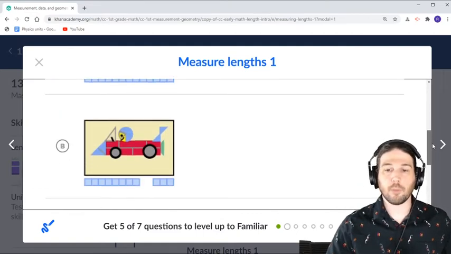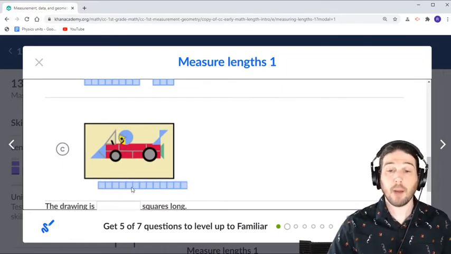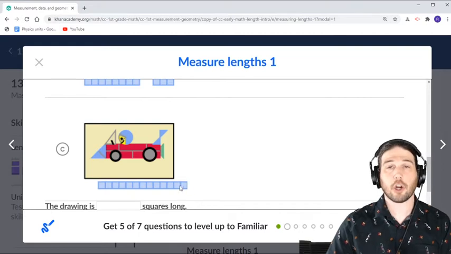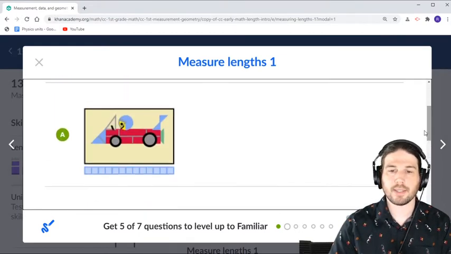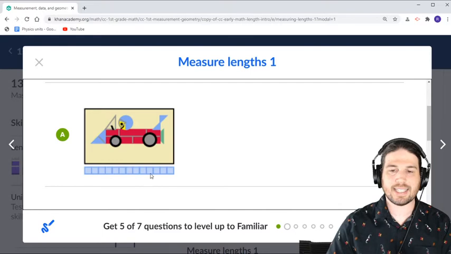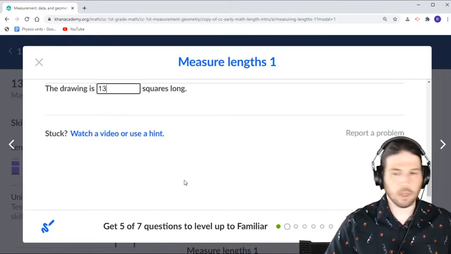This one's wrong because it's missing a couple of blocks. And this one's wrong because even though it's probably the right length, it's off, right? It's not starting at the right place, it's not ending at the right place. So the correct way of measuring this is A, and the picture is 1, 2, 3, 4, 5, 6, 7, 8, 9, 10, 11, 12, 13. I see 13 blocks long.